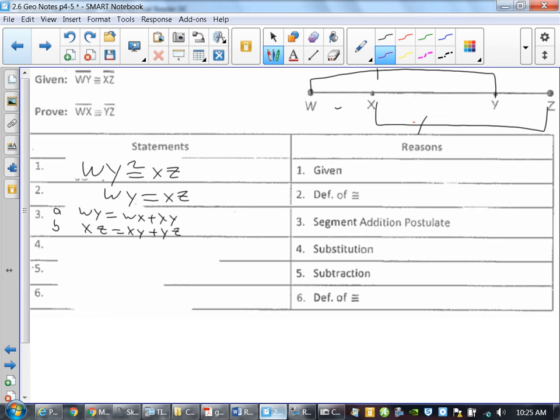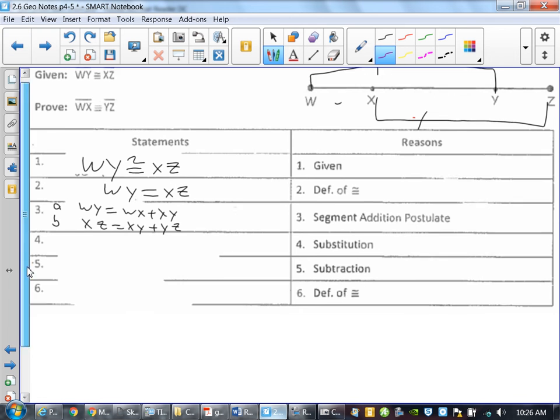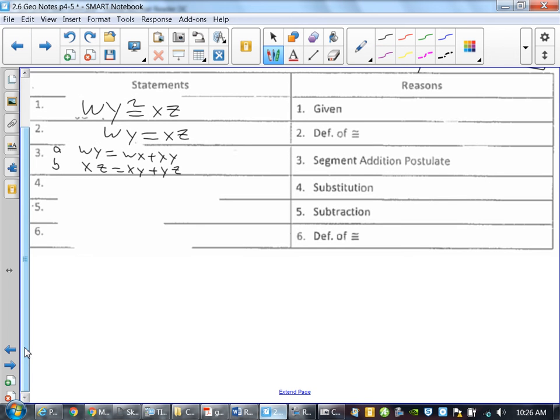Well, if I use segment addition, I know that I've got two larger segments I can rewrite as two smaller segments each. What do you think we're going to substitute then? Again, we have the two larger segments that are equal. We already have these two guys equal to each other.